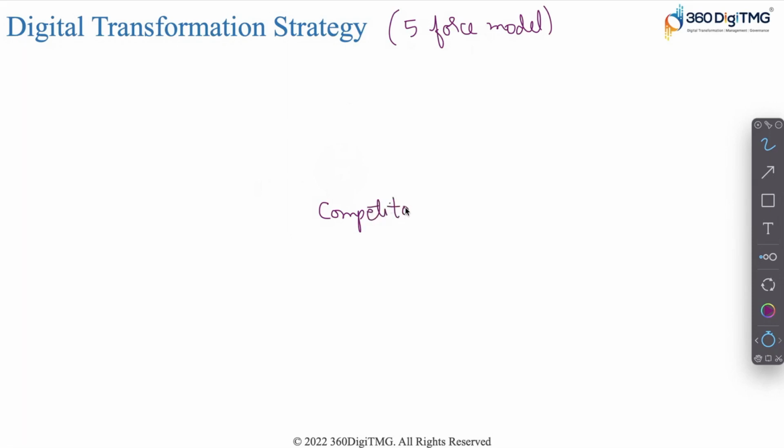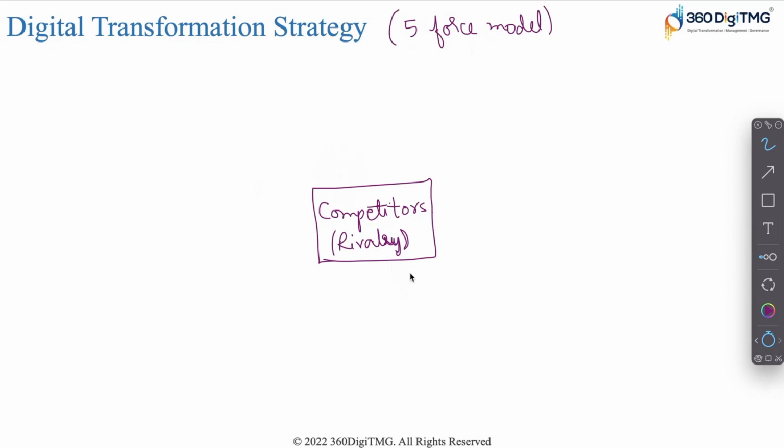And when you have competitors, you have many players or you have a less number of players. What are the features on which your competitors are competing? You have less market penetration or high market penetration.